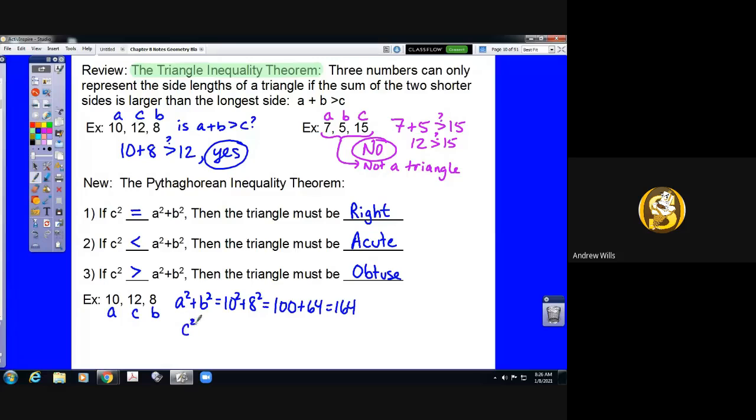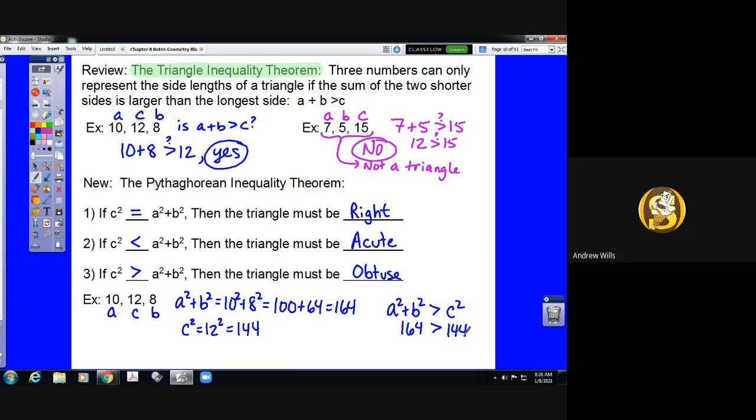And c squared is 12 squared, or 144. We can state that since a squared plus b squared is greater than c squared, 164 is greater than 144. Would everyone agree with that statement?